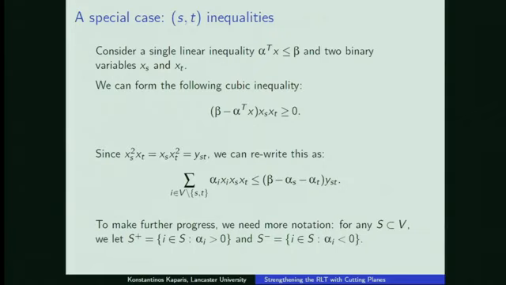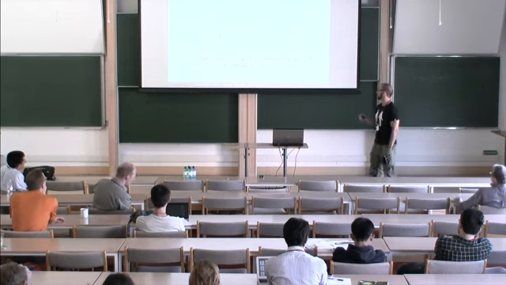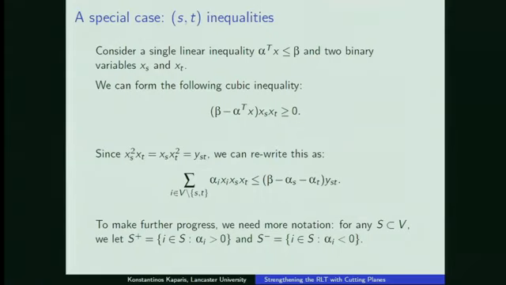So now we need to substitute the xi, xs, and xt. And we have the previous lemma, as I mentioned. We introduce some further notation here, and we denote by s plus and s minus the indexes of variables with positive coefficients and negative coefficients.